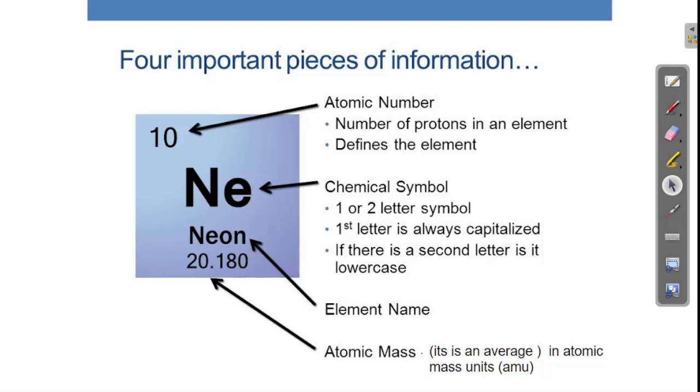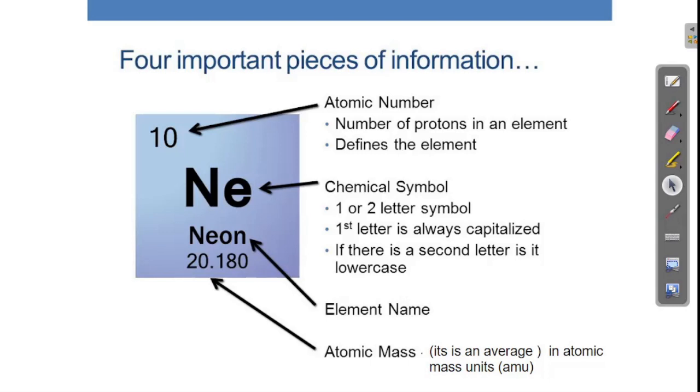That means that the only element that has 10 protons, or atomic number 10, is neon. If somebody gives you an atomic number, for example, number 12, you can go to the periodic table and say, oh, we're talking about magnesium. So it's specific for that element. It defines that element. We have not talked much about protons, electrons, and neutrons yet, but we will.